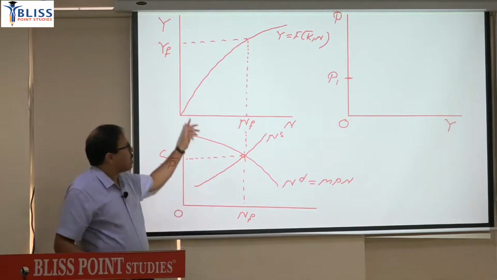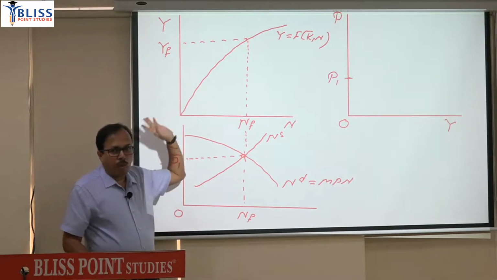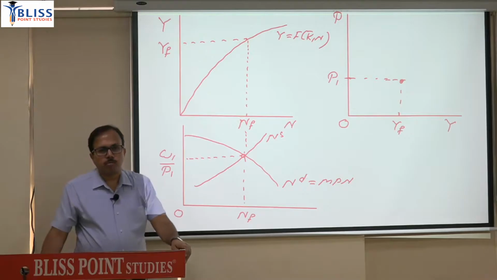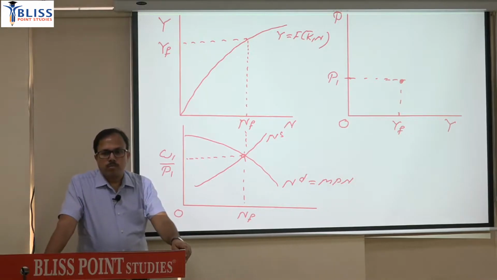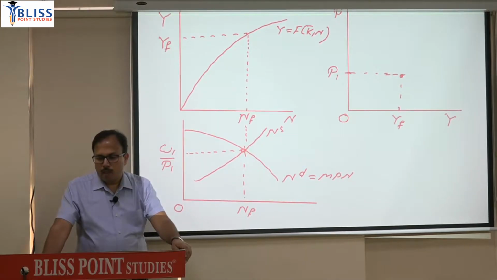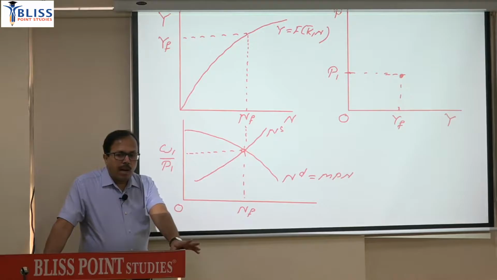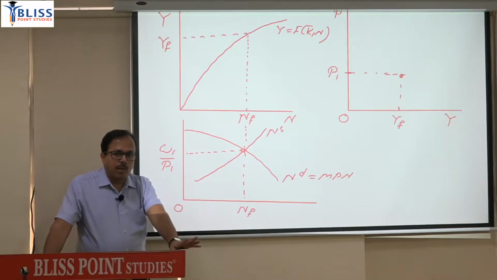At that price, how much is output? YF. If we combine these two, we get one point. So at price P1, output is YF.